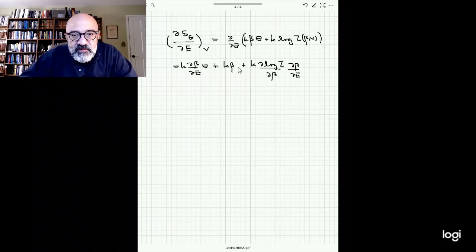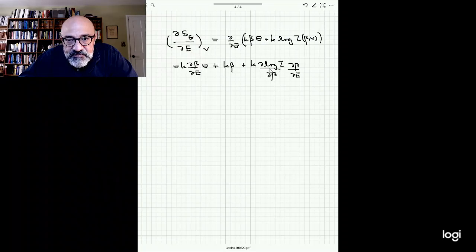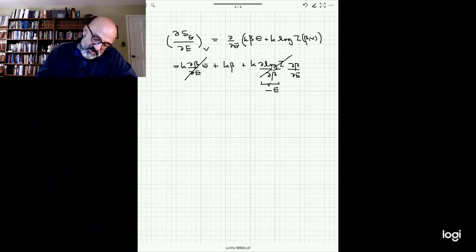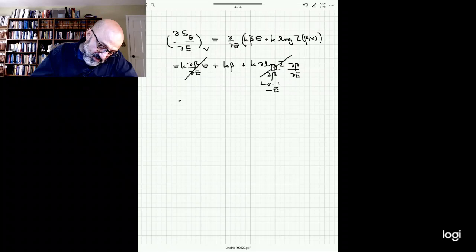And what we see when we do that is that here we have E, and in this expression here we have minus E, so that this expression cancels that one, and we have the dS_G/dE at constant volume is this quantity K beta.